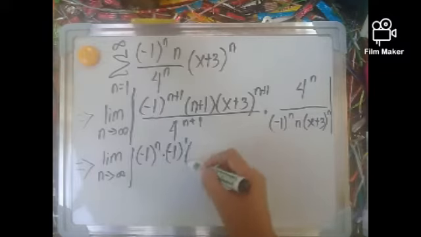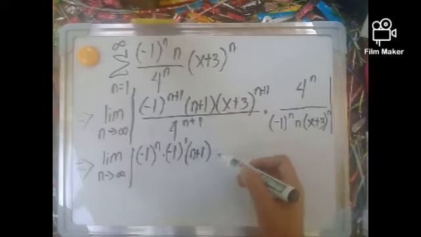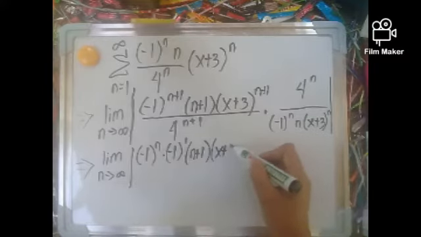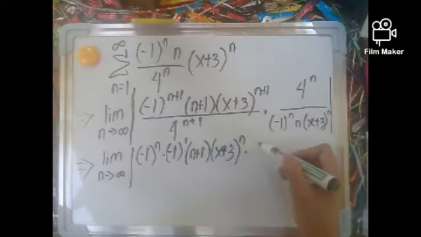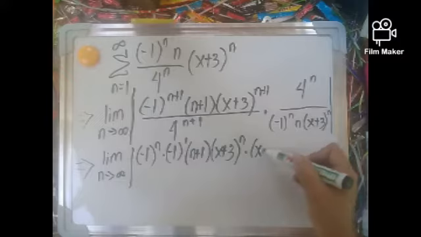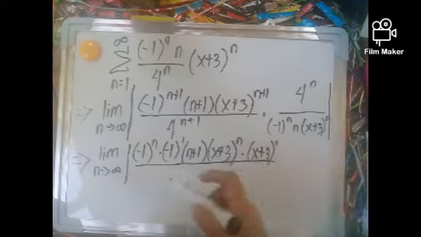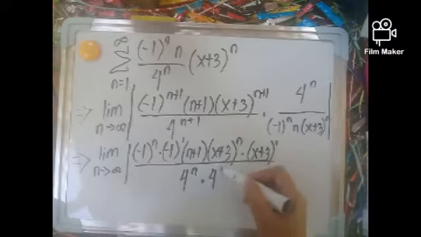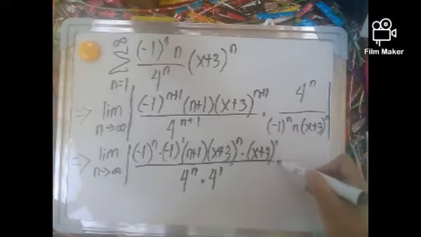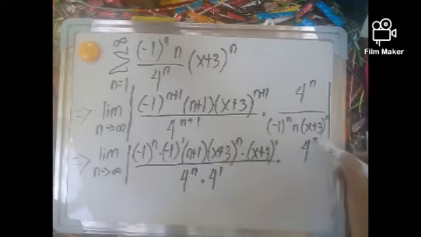And then, times n plus 1 times (x plus 3) raised to n times, i-breakdown din natin siya, (x plus 3) raised to 1 over 4 raised to n times 4 raised to 1. Nakuha na ba?